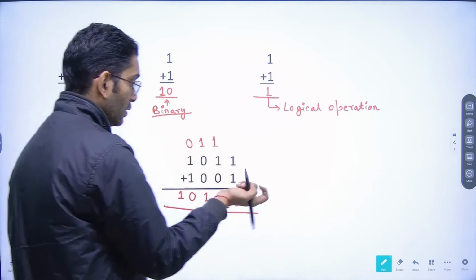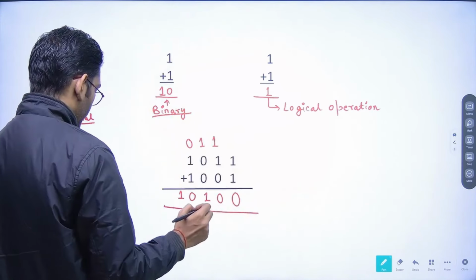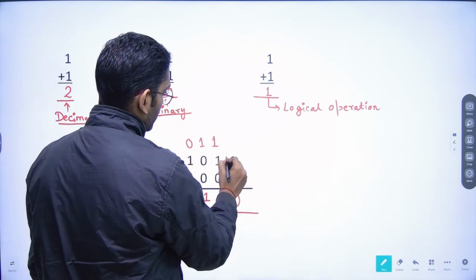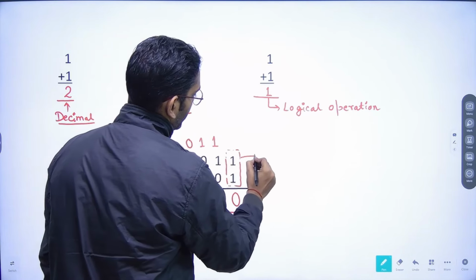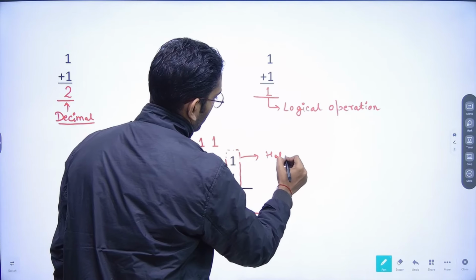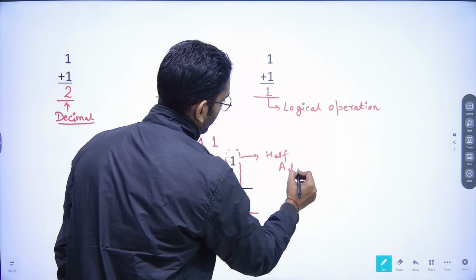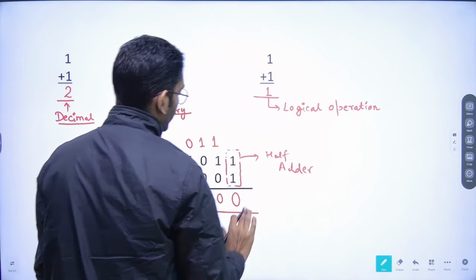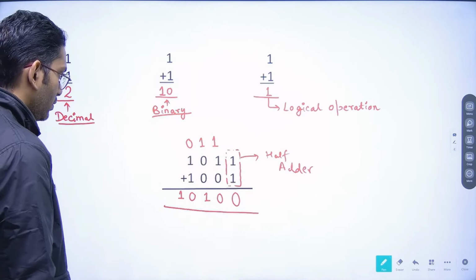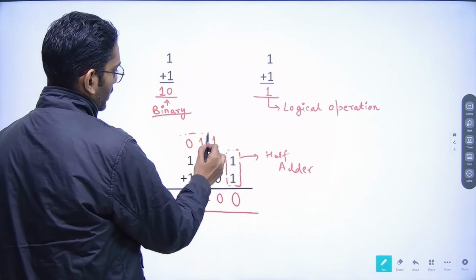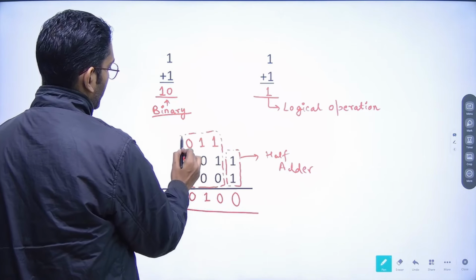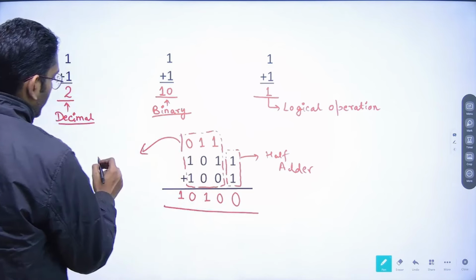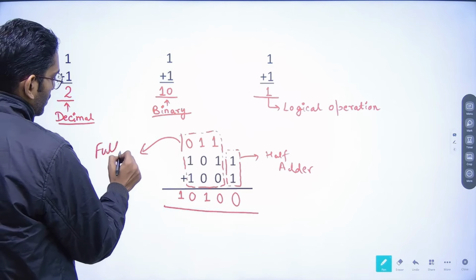Now what we can see is that when two bits are added, this operation is performed by the half adder. Here in this particular case, three bits are being added, so this operation is performed by the full adder.